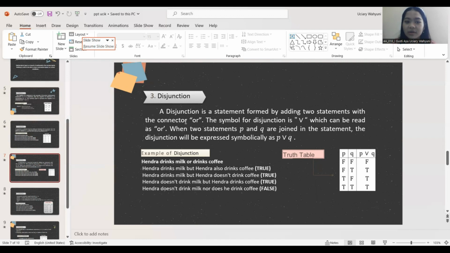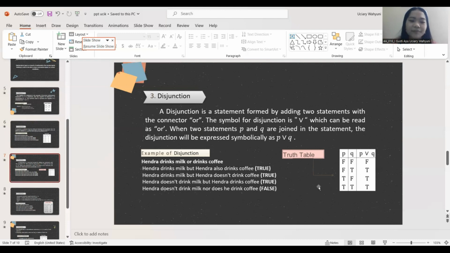Conjunction has the connector and, now disjunction has the connector or. That's the difference. To answer a question about disjunction, we should look at the truth table. Disjunction is false only if P and Q are both false. Otherwise, true. You can see on screen, guys.